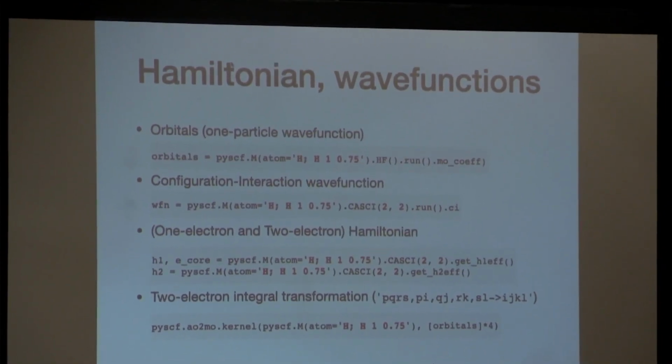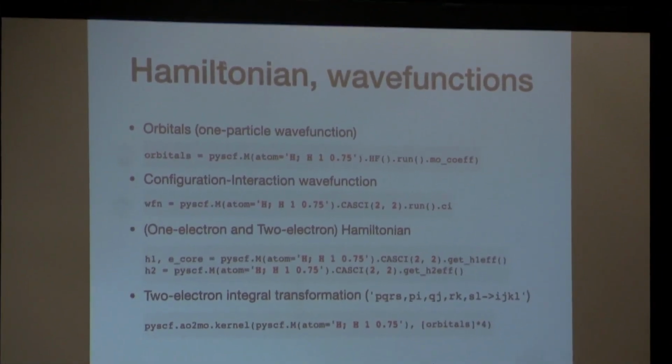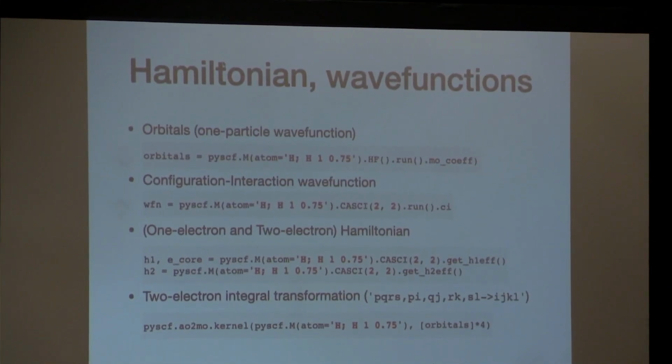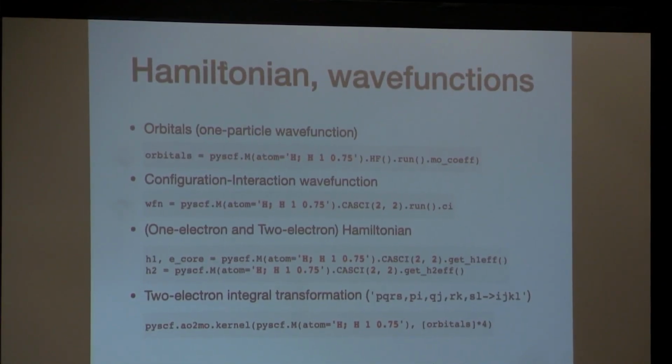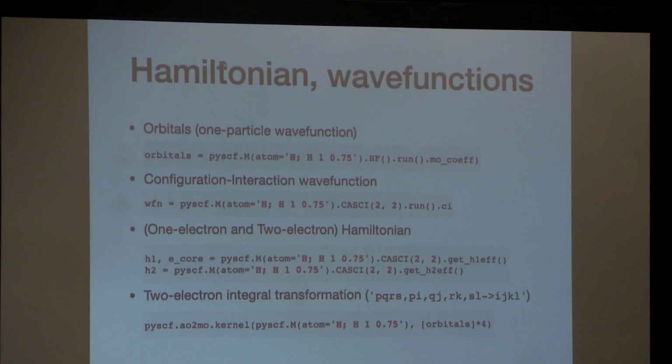Then to access the Hamiltonian, there are a bunch of ways. For example, to access the so-called CASSCF Hamiltonian, there are APIs to do this job, and you can find it in the third line of this slide. With just two statements, you get the one-particle part and the two-particle part of the Hamiltonian.